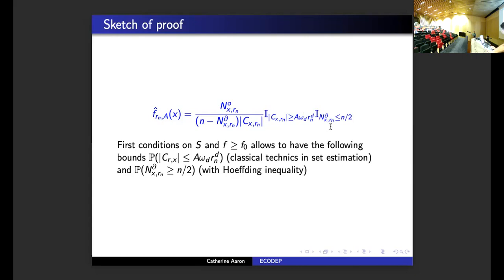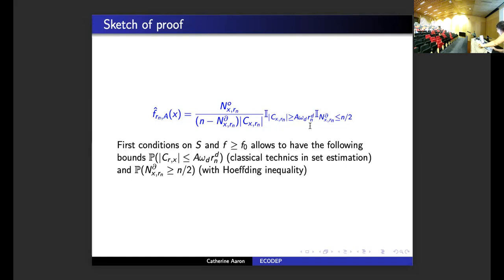It's very easy. For instance, this one: the number of points that belong to the boundary of the local convexhull is less than the number of points that belong to the ball of center X and radius Rn, and it's obviously something very negligible before n. This other one is a bit more difficult to prove, but in the domain it's very classical.